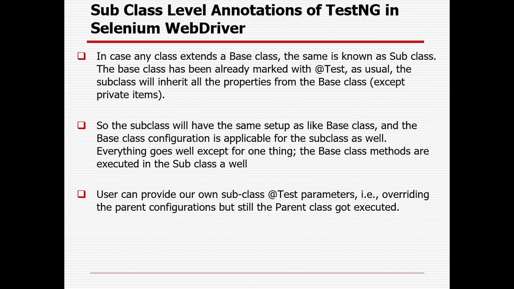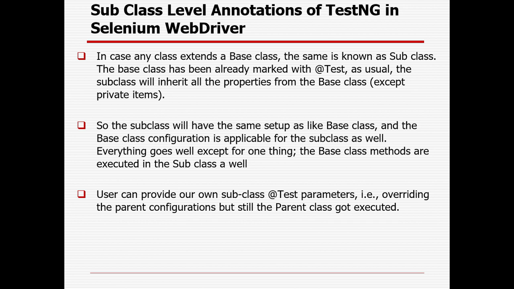The base class has already been marked with, suppose, a test case, with @Test. As usual, the subclass will inherit all the properties from the base class except any private items. In case everything is defined as public, it will be inherited from the base class to the subclass, or parent class to the child class. So the subclass will have the same setup as the base class, and the base class configuration is applicable for the subclass as well.